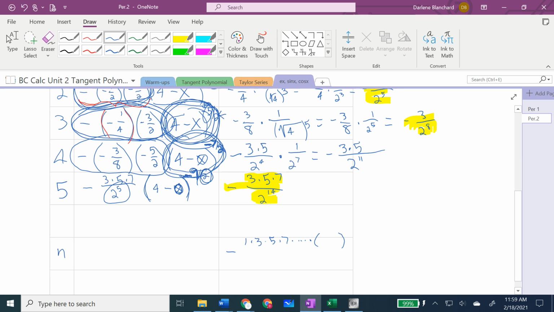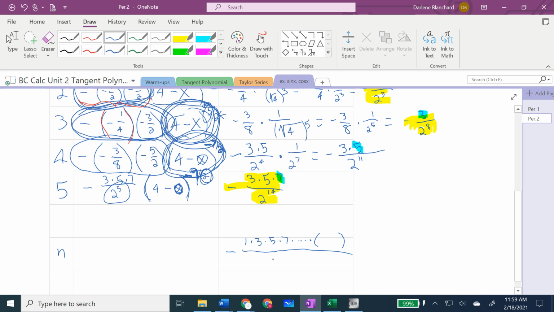But we need to find a formula with a pattern to get us to who is the last number there. Then we also have the denominator, and I'll come back to that.